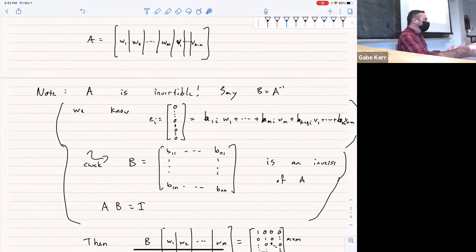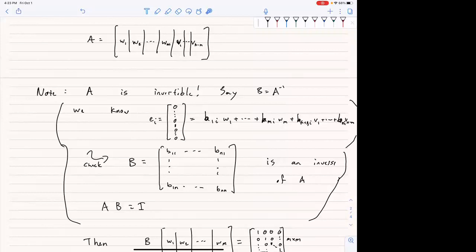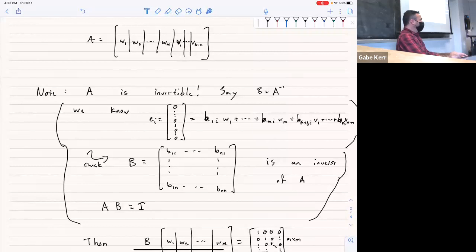I can't imagine there's not something in this section that says this outright: if you have a basis and you put them into columns for Fn, then the matrix is invertible. The column vectors of a matrix are a basis if and only if that matrix is invertible. We can do the same thing with rows. You said this about elementary matrices. This is another way you could characterize invertible matrices: the columns form a basis.